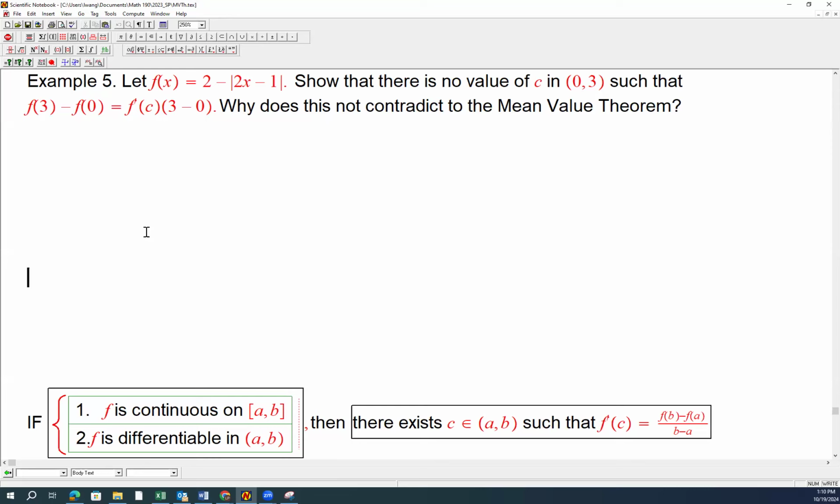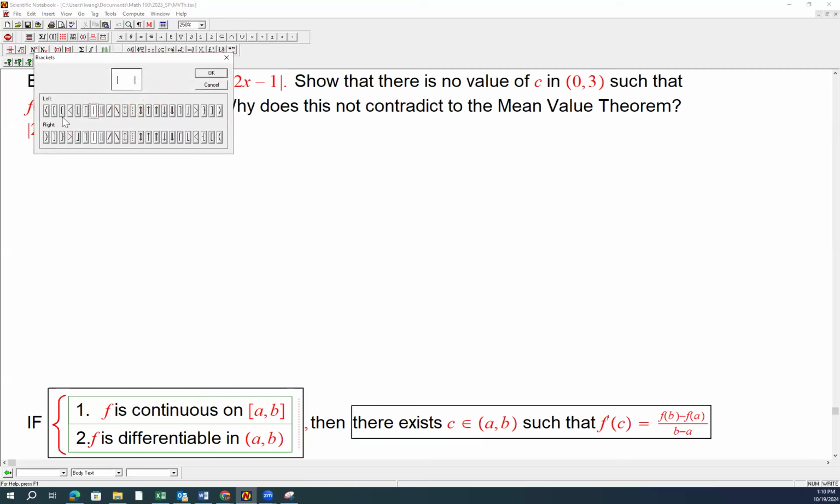Between 0 and 3, we have an absolute value. So since the interval of consideration is 0 to 3, how do we handle this absolute value situation? Let's take a look. In terms of 2x minus 1, this turns into a piecewise function.